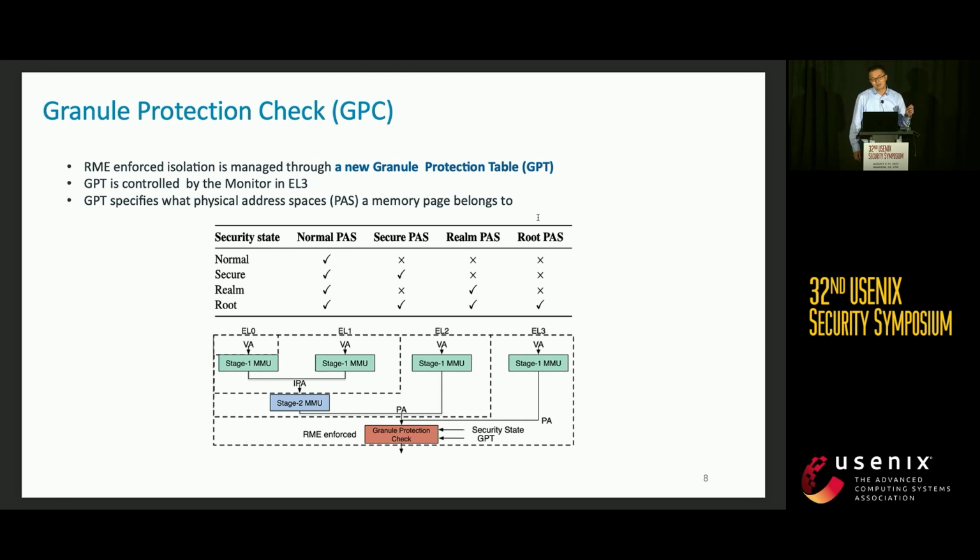Let's take a look at an example for the Realm. If you are in a Realm state, when you access memory, you can access the normal PAS, the physical address space. You can also access itself, Realm. However, it cannot access the secure and root PAS. So basically this is enforced by the GPT.